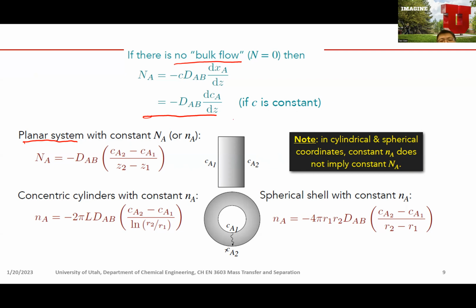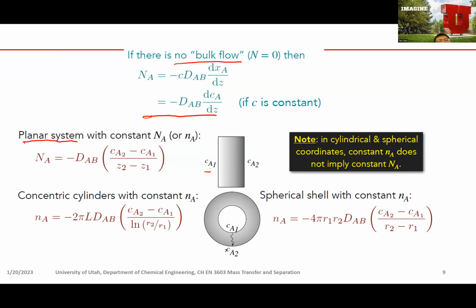For example, let's say this is a membrane, and we talked about membrane-based separation previously, right? For membrane-based separation, typically you have some species with different concentrations on both sides of the membrane. It can be salt, and that's the case for desalination.